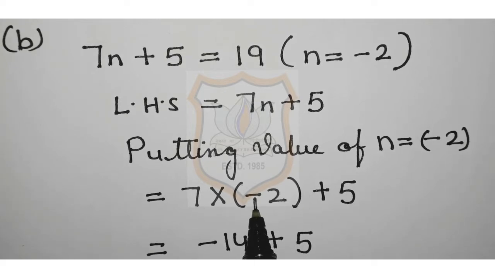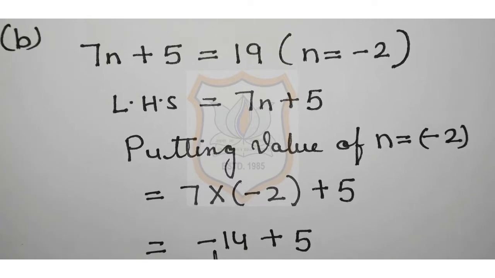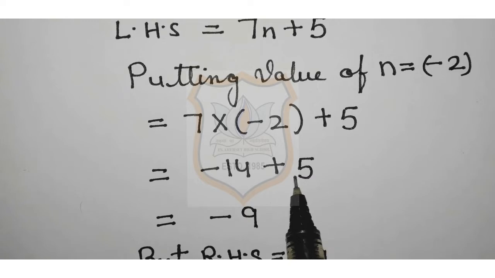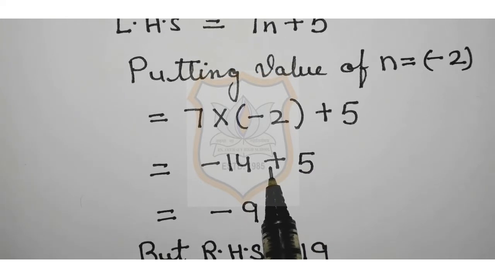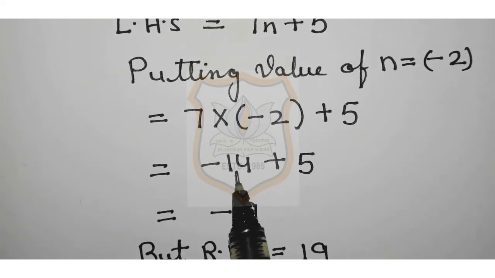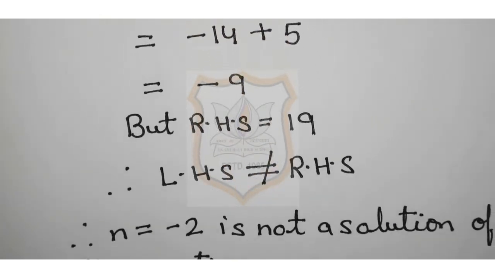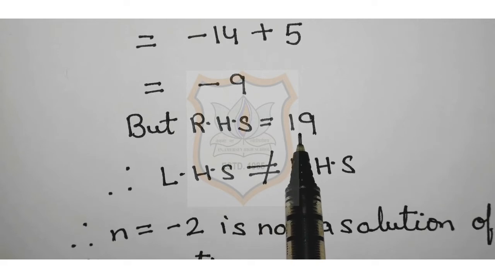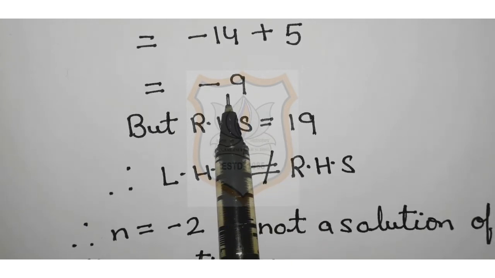7 into minus 2, that is equal to 7 2s are 14, plus minus minus, our answer is minus 14 plus 5. Now minus plus minus, so we will subtract this 5 from minus 14 and our answer will be minus 9. But as you know, RHS is equal to 19 and LHS is minus 9.